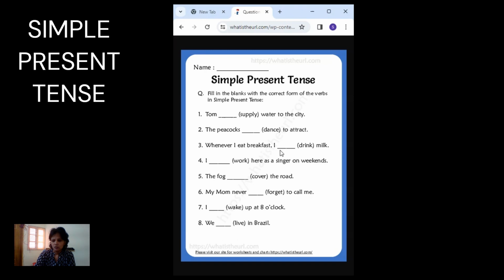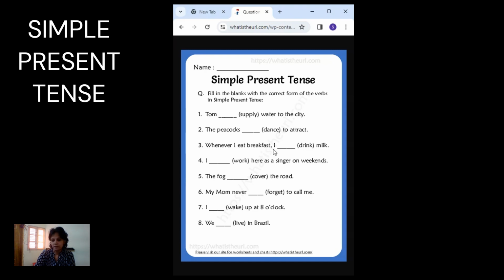Here, just have a look, because here I'm saying I, which is the first person, so I don't need to add any s or es. We should write like this only. Whenever I eat breakfast, I drink milk. The same verb will come. We don't have to add any s or es to this sentence.